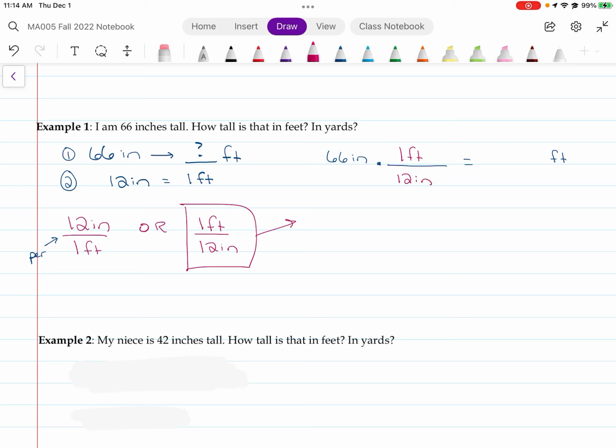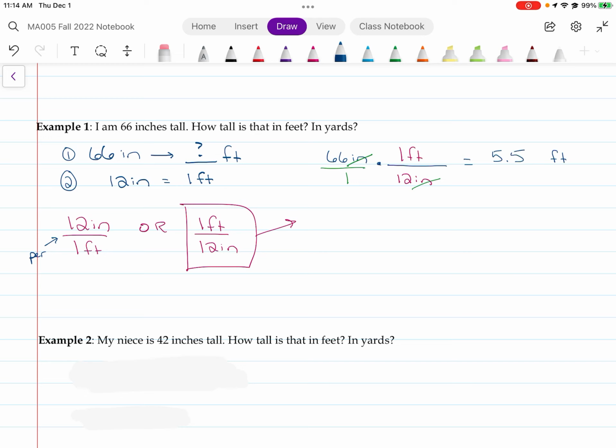Now, why can we do this? Because 1 foot and 12 inches are equal to each other, and A over A is 1. So we're not changing the value of this. We're just changing the units. Okay, so what cancels now? We've got inches on top and inches on the bottom, and they cancel out. And when I put this in my calculator, I get that I am 5.5 feet tall.